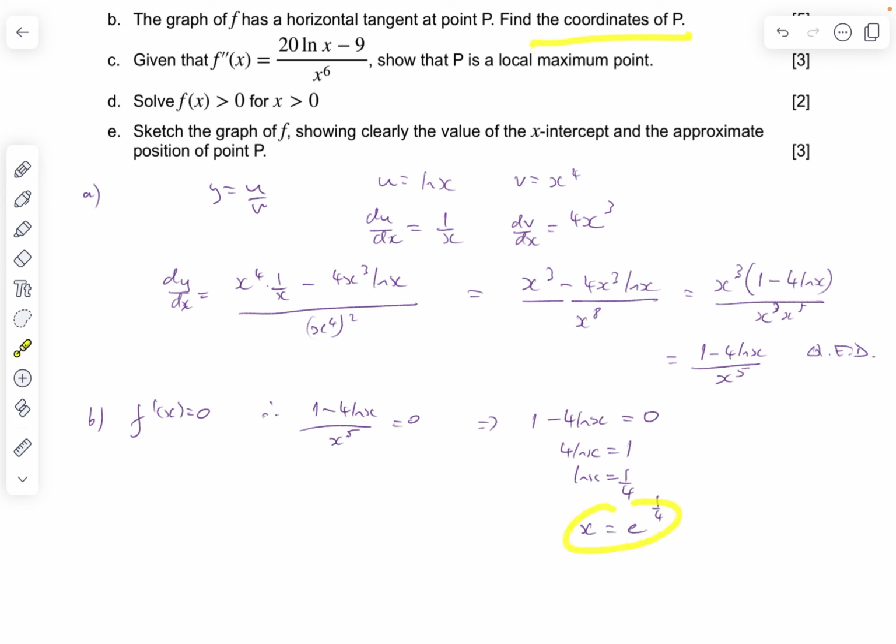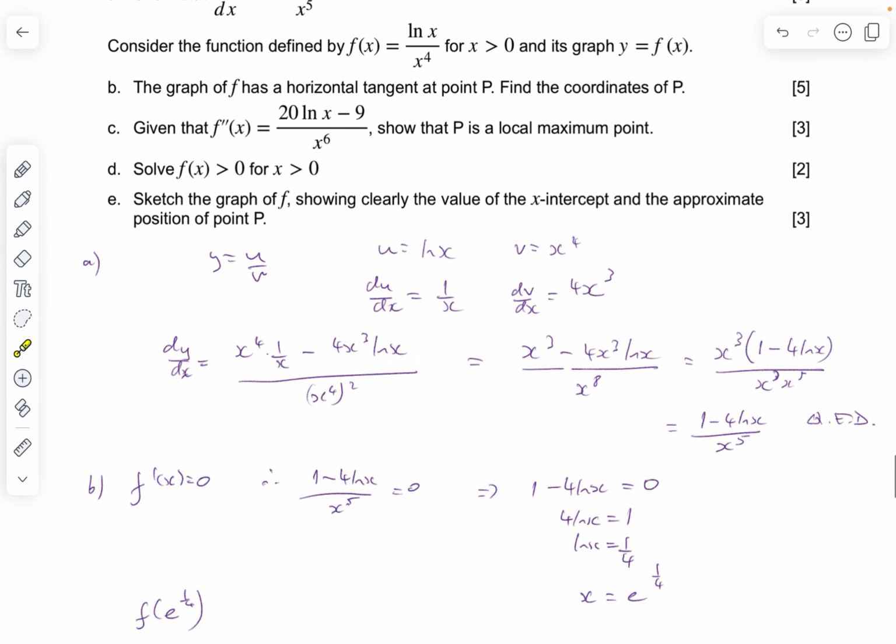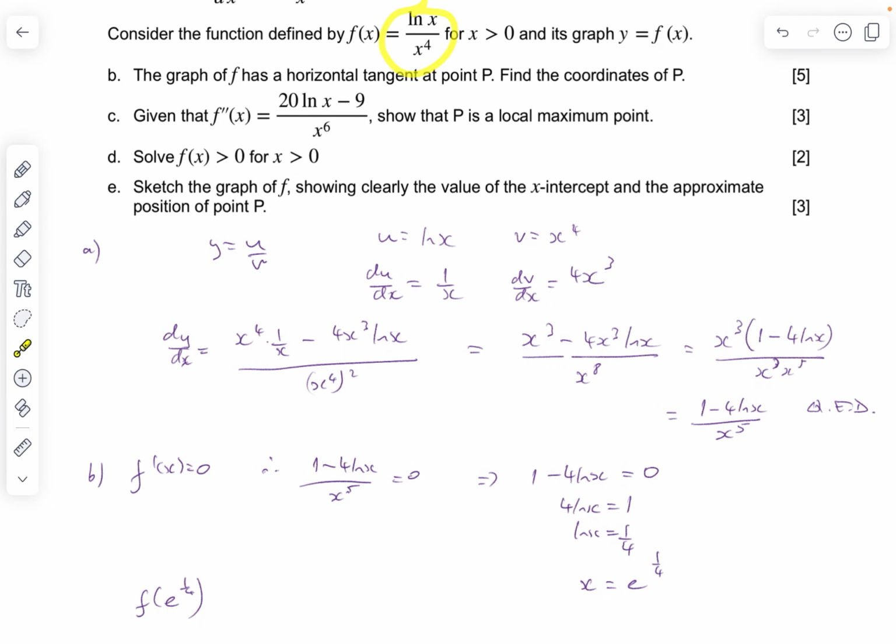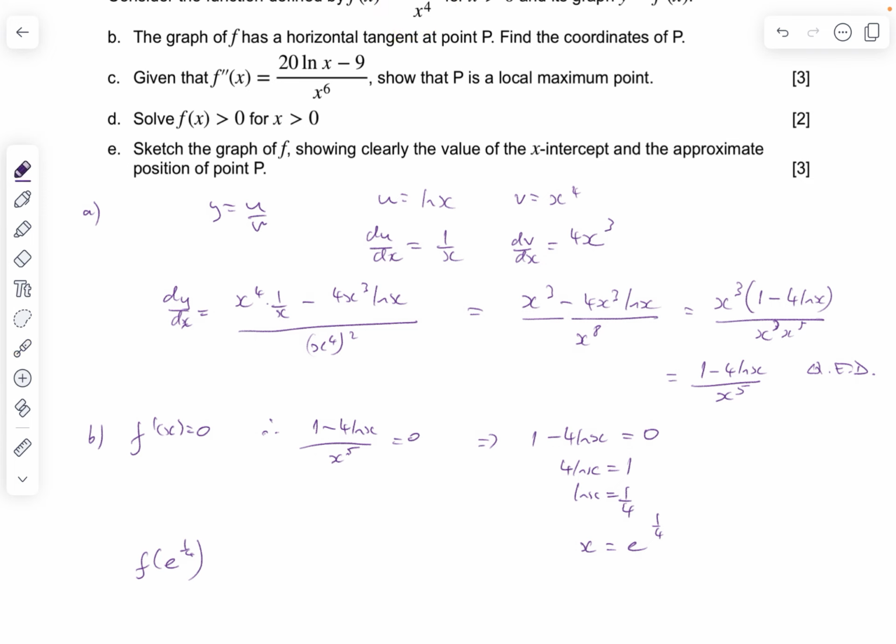So we've got the x value, now we've got to find the y value. So we do f of e to the quarter. We're putting e to the quarter back in the original function, which was this one. So we've got log of e to the quarter over e to the quarter to the power 4. I can take a power in front of a log, so that's a quarter log e, over, multiplying the powers, e to the quarter times 4 is e.